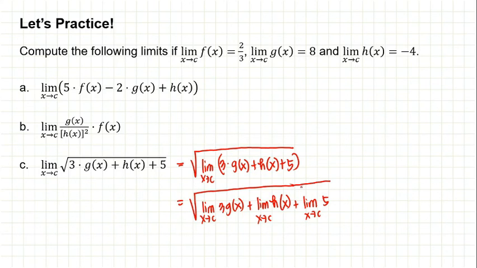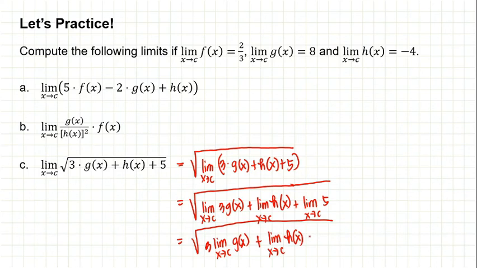Again. Next, this will become, ito constant multiple tong first term, so we will factor out the numerical coefficient. So we have 3 limit of g of x as x approaches c plus the limit of h of x as x approaches c. Then we have plus limit of 5.